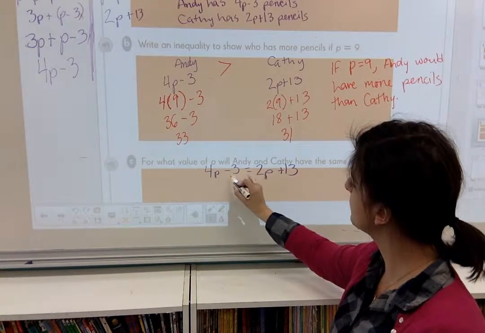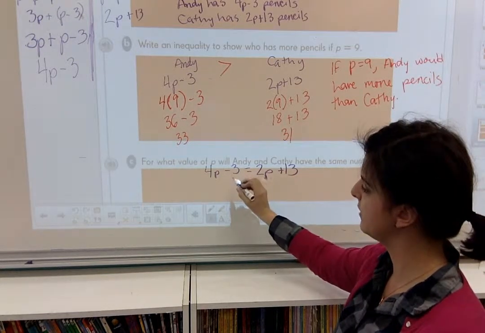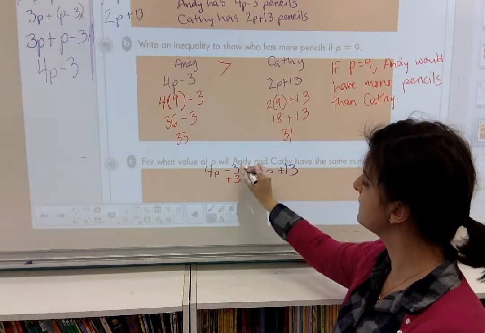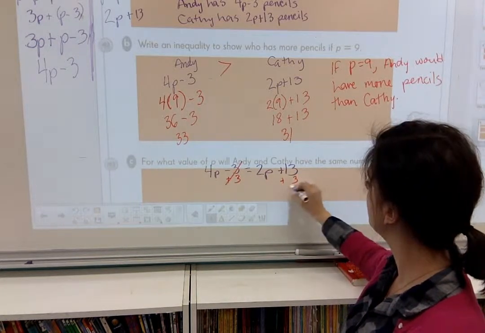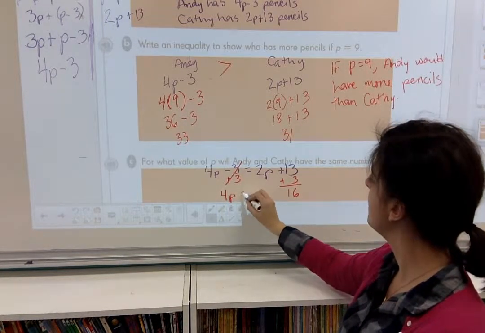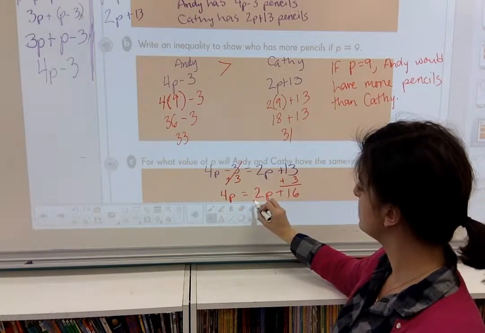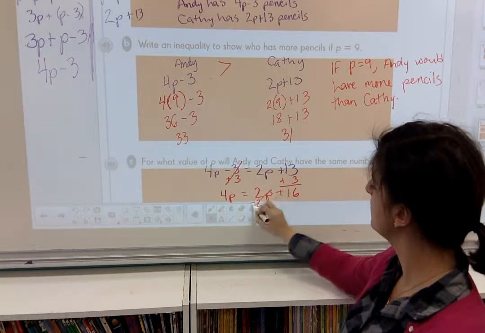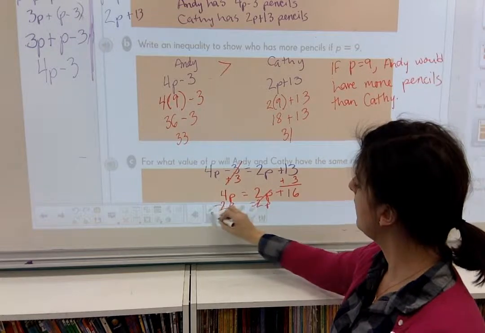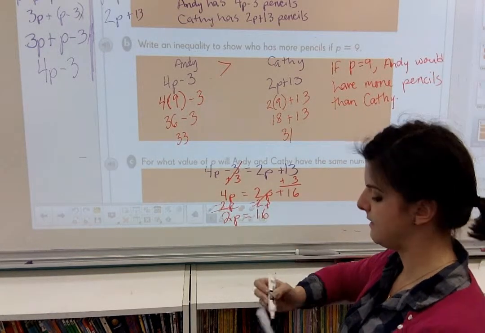In order to do this, we can't do minus 13 on both sides here, so that's not going to work. So we're going to do plus 3 on both sides, that cancels out, plus 3, that's 16. So I have 4P equals 2P plus 16. I'm going to subtract the 2P from both sides, so we have 2P equals 16.